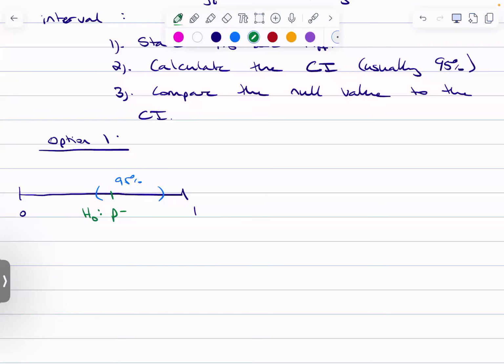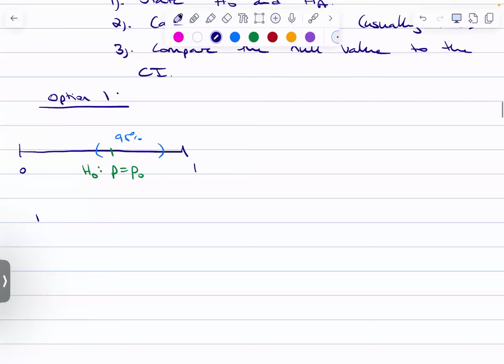H naught says that P is equal to some generic P naught being a number. But P naught is somewhere in this interval, right? Then I'm 95% confident that P is P naught. Fine. I don't have enough evidence to reject H naught.